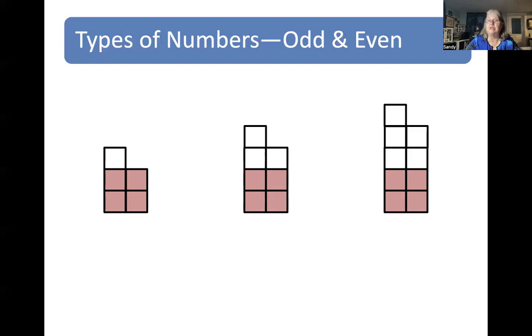So 4, double 2 and 3 more, double 2 and 5 more. 3 consecutive odd numbers, 2n plus 1, 2n plus 3, 2n plus 5. The imagery helps us build that understanding so we can use it to solve problems later. So think about how important these pictures are to help your child generalize, apply, use later.